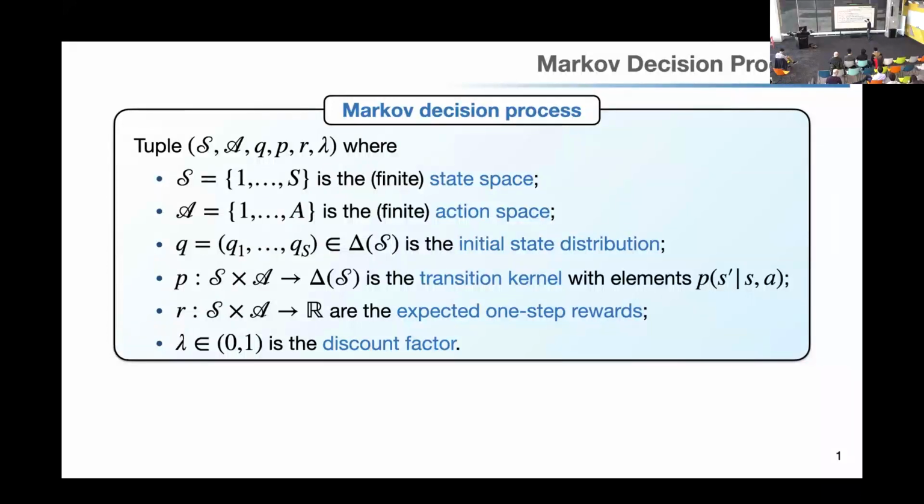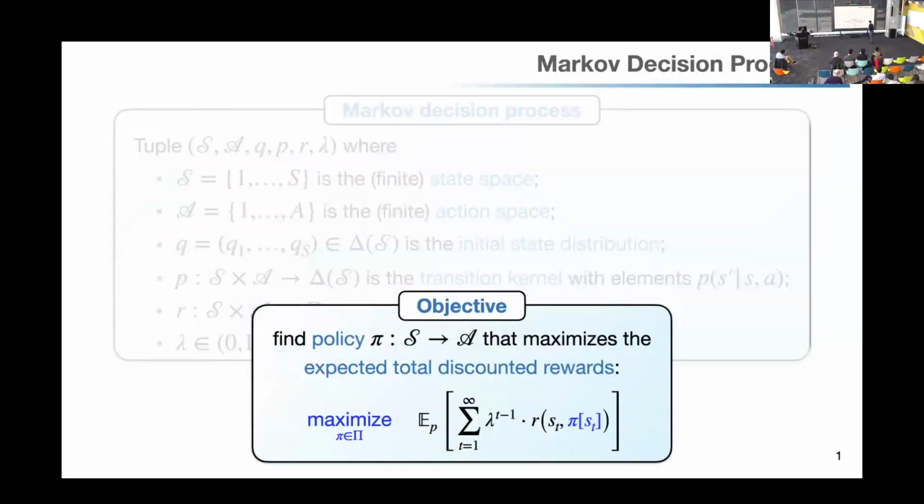I then pick up rewards for visiting state-action pairs, and I want to maximize the rewards at a discount rate of lambda. So in other words, in this problem, our objective is going to be to find a policy, which is a mapping of states to actions, that maximizes the expected total discounted reward.